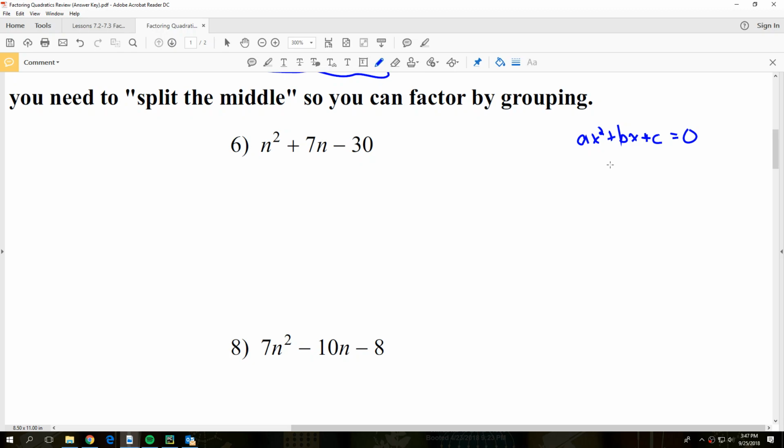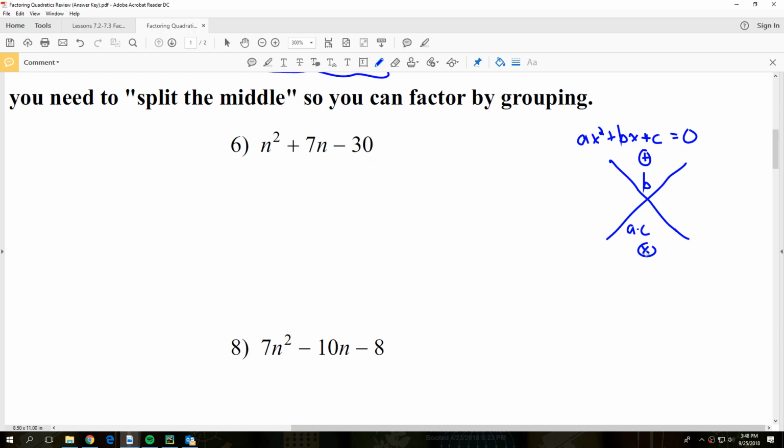Let's do this over here, where we have some room. When we use the x method, you make an x, like so. That's why it's called the x method. First you need to multiply the first and the last term, which will be a times c. And at the top, you have just the middle term, which is b.